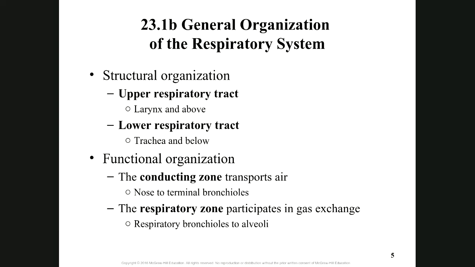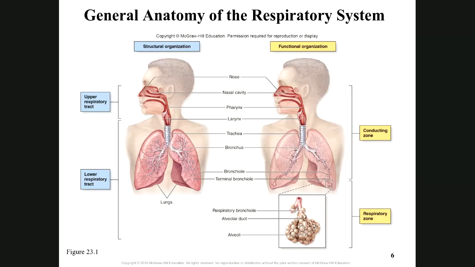We have two different divisions for our respiratory system. The first division is a structural organization. Looking at this picture, we can divide our respiratory system into the upper respiratory tract and the lower respiratory tract if we divide them structurally.